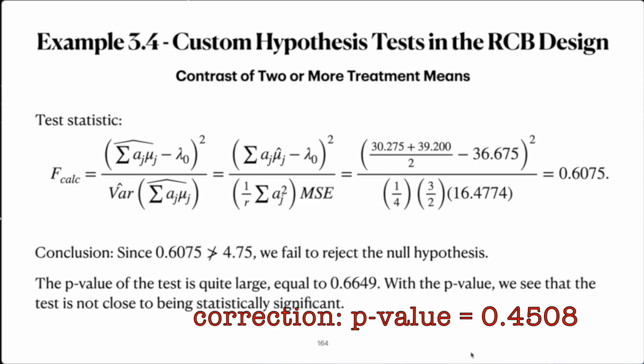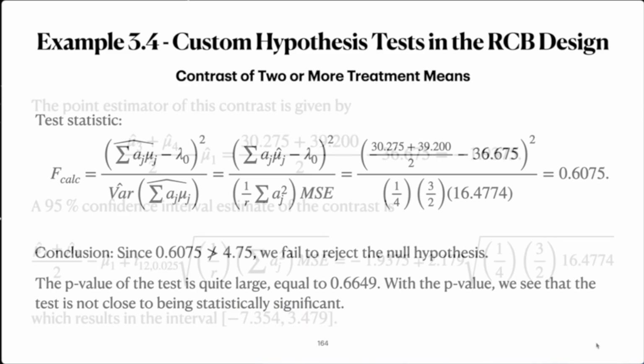Again, although the hypothesis test in and of itself does not provide any information about the magnitude of the difference, and we know that we would not reject here, we do see through the p-value an idea of how significant the observed difference is, which is not very. This is not even close to being statistically significant.